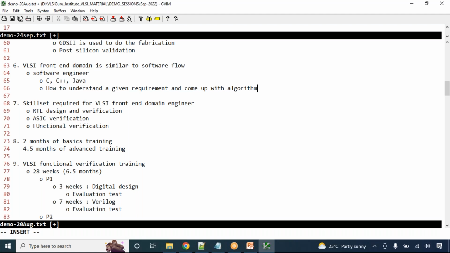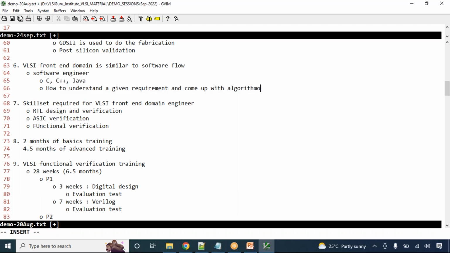That is a more important skill set for them compared to C, C++, because these are languages, something you can quickly learn. But algorithm is a way of approach, where you approach the problem. How do you understand the problem? How do you come up with a solution? That is what characterizes a software engineer.